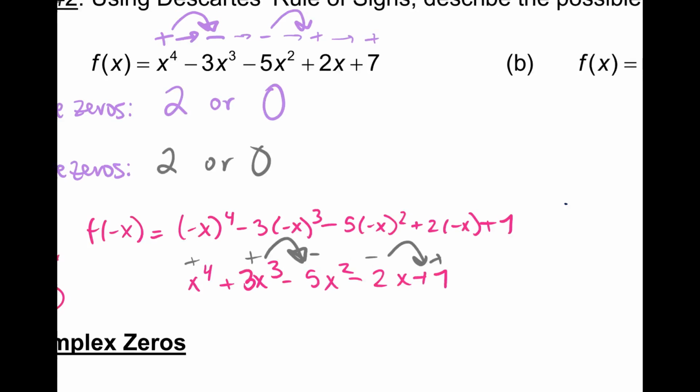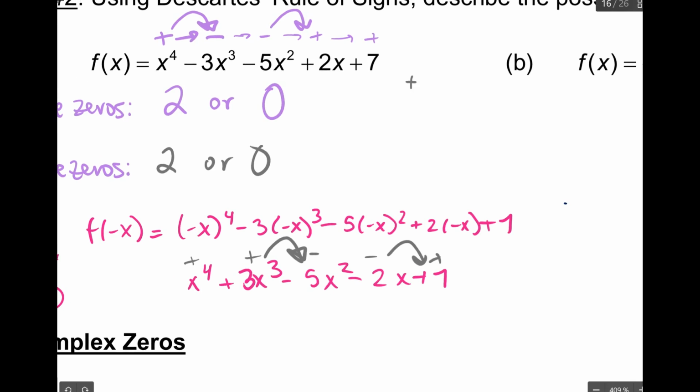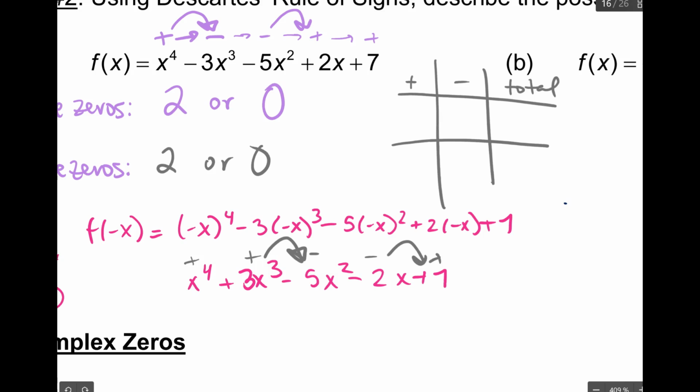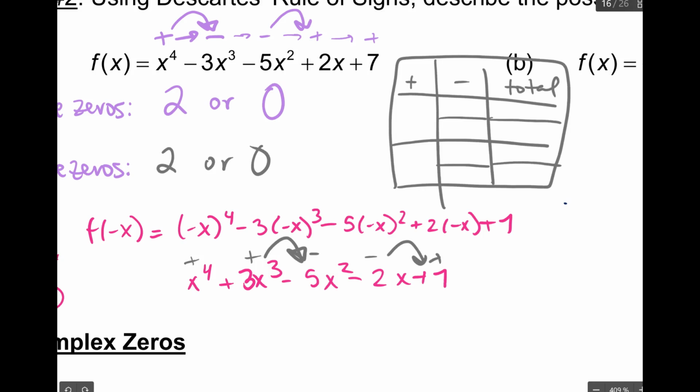So we can summarize this by making a little chart. Here's positive, here's negative, and here's imaginary. I didn't need to put total, I meant to put imaginary.